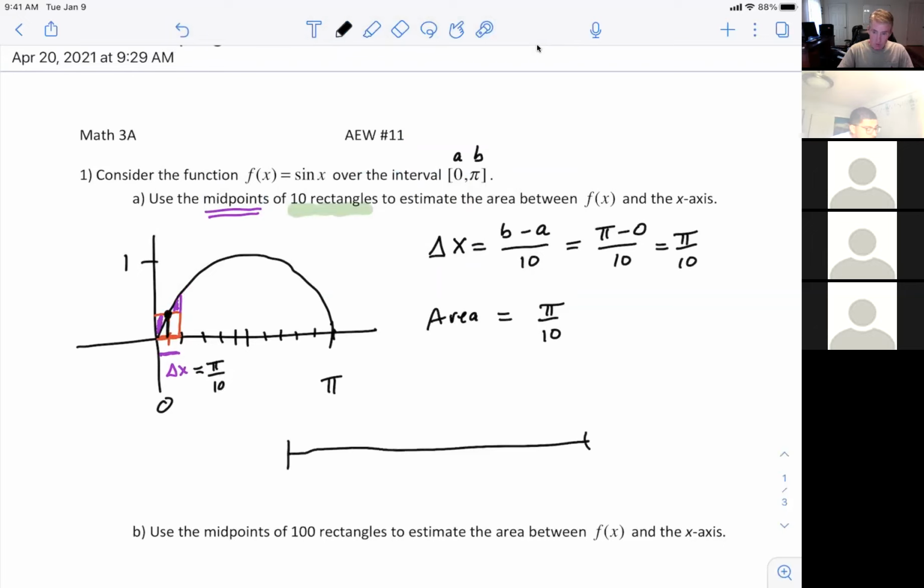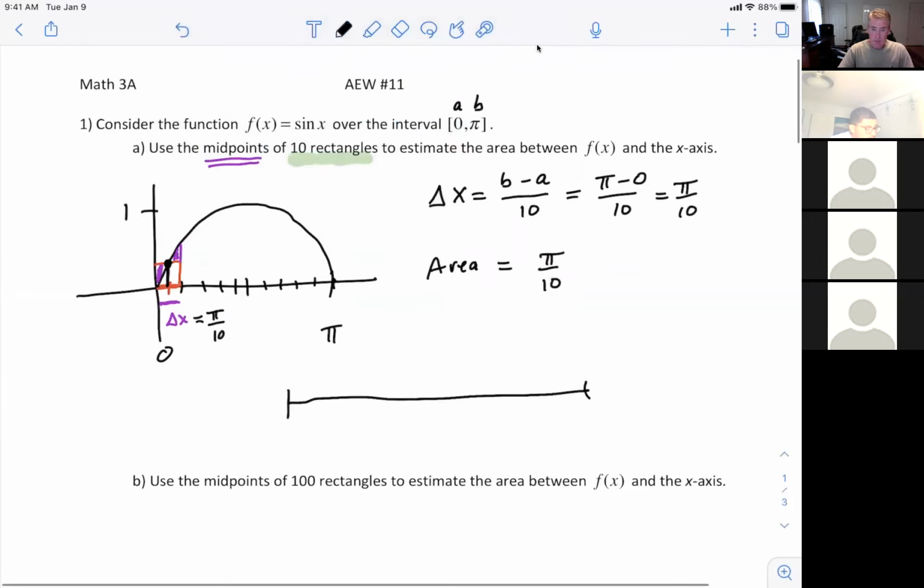My picture is getting sort of crowded. So what I'm going to do is just look at the x-axis. The x-axis goes from 0 to pi. And then delta x is pi over 10. So that means this would be pi over 10. And then 2 pi over 10 and 3 pi over 10, et cetera, et cetera. Eventually, when I get to the last one, it's going to be 9 pi over 10.